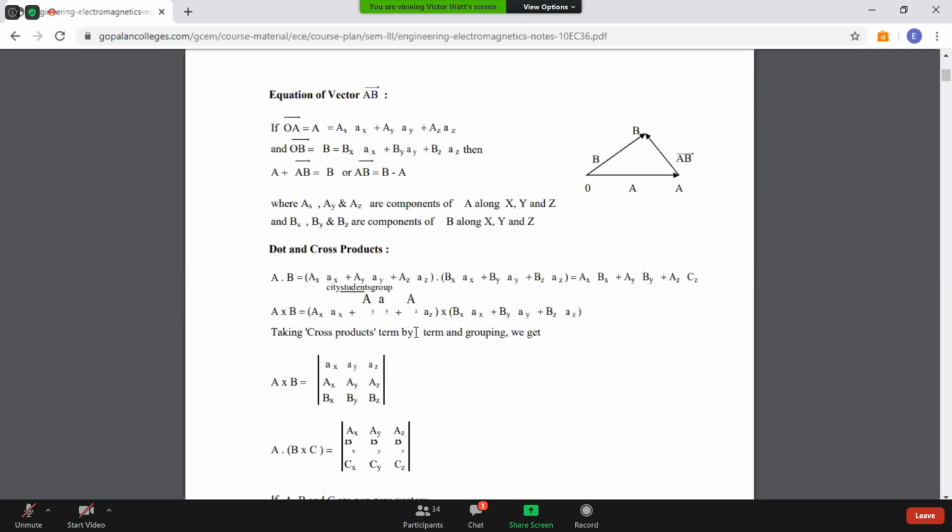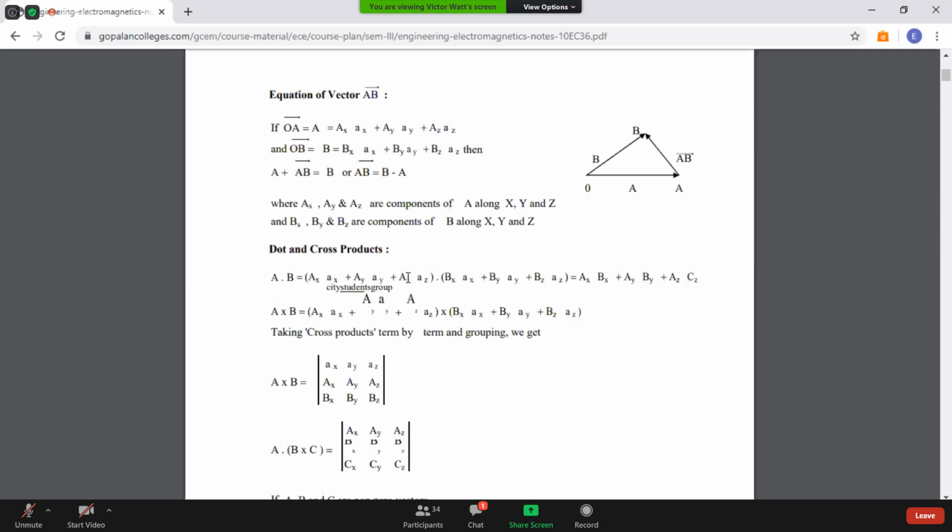So AX dot BX would be AX BX. AY dot BX, the angle between that would be 90, because AY and AX are 90 degrees to each other.